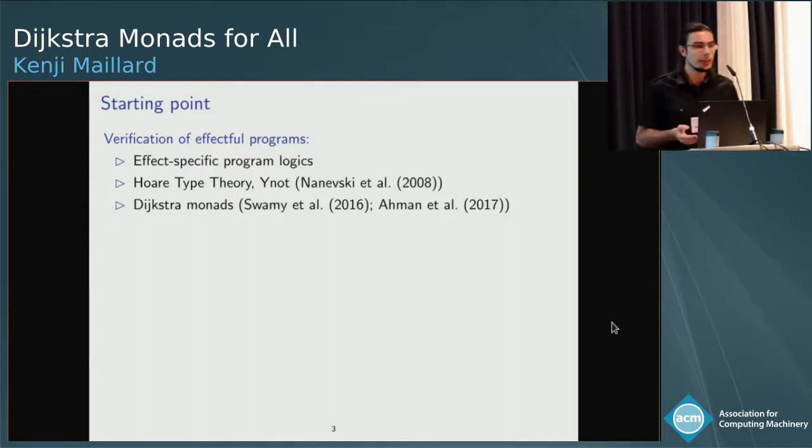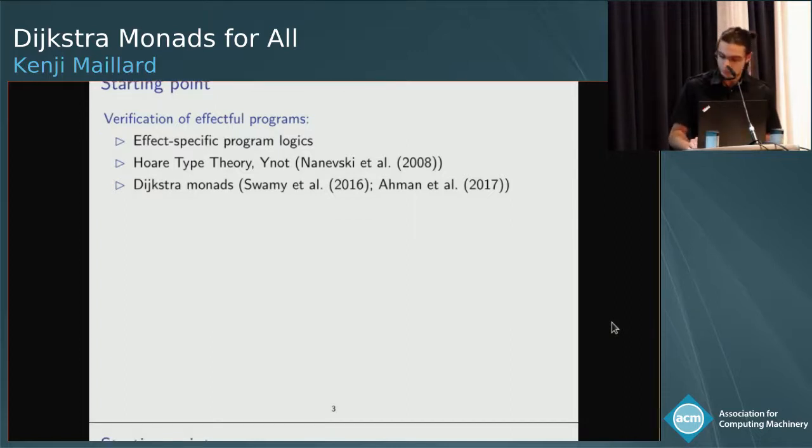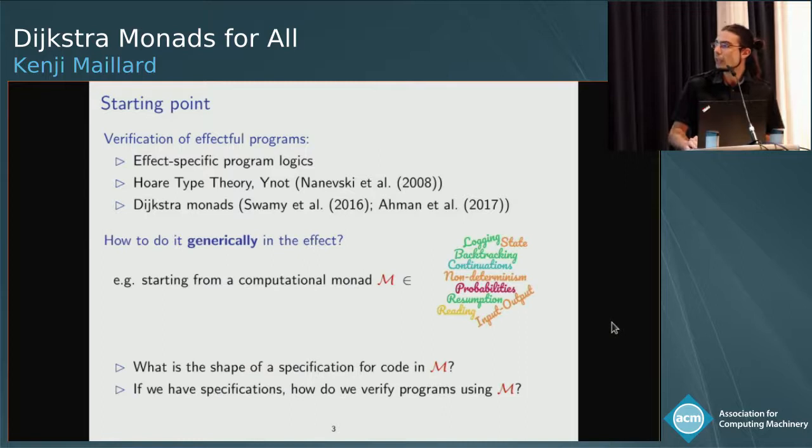In a more dependent type setting, Hoare type theory and Dijkstra monads provide a way to encapsulate a monad together with a specification in order to prove that a particular program meets its specification. One problem with this approach in our regard is that they are specific to the effect. And we want to do it generically in the computational effect that we start with.